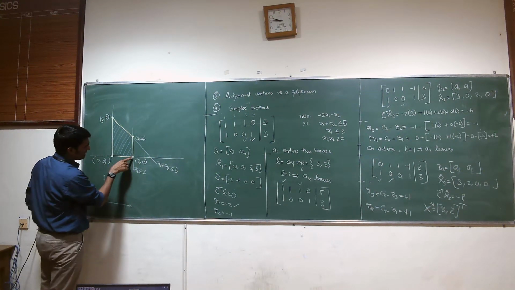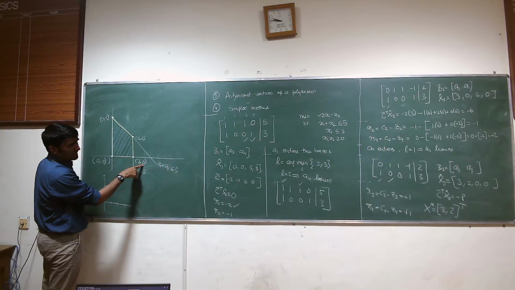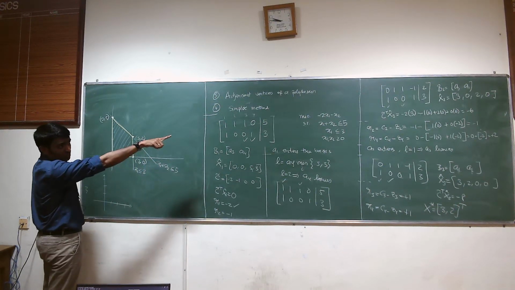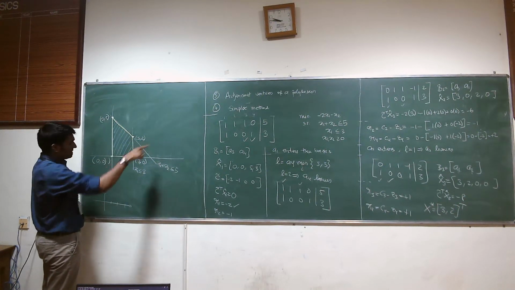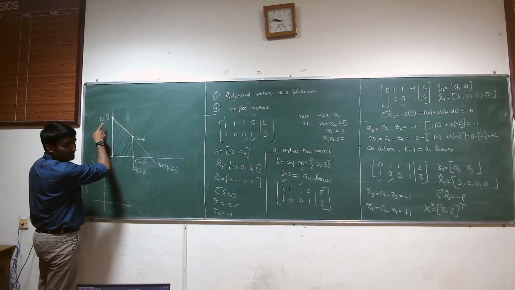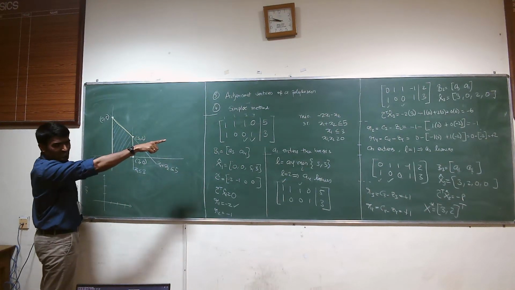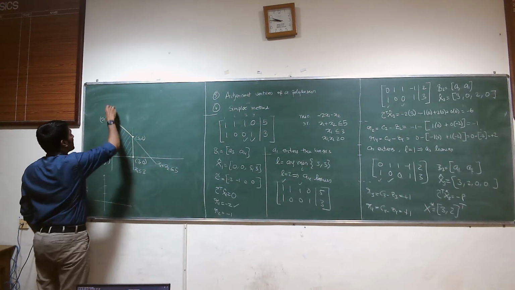So what about the line that passes through this point? 3, 0, that will correspond to that. The value corresponding to that will be minus 6. Where will it intersect here? It will intersect at 6. Right? So this is 5, let's say this is 6.